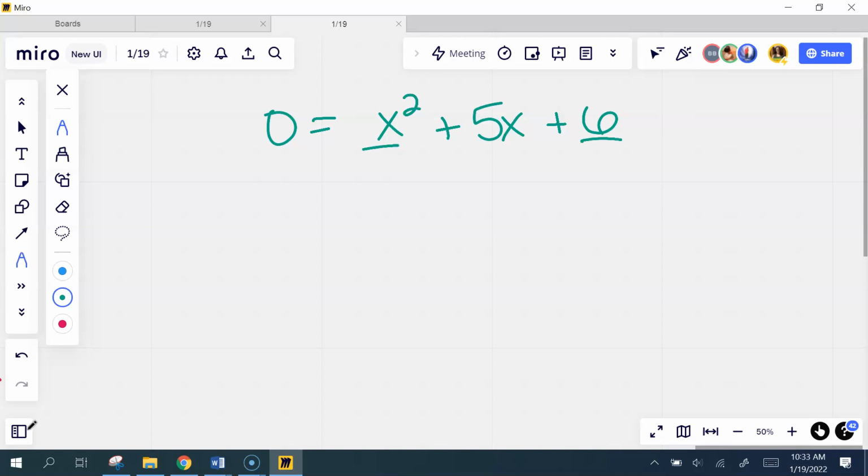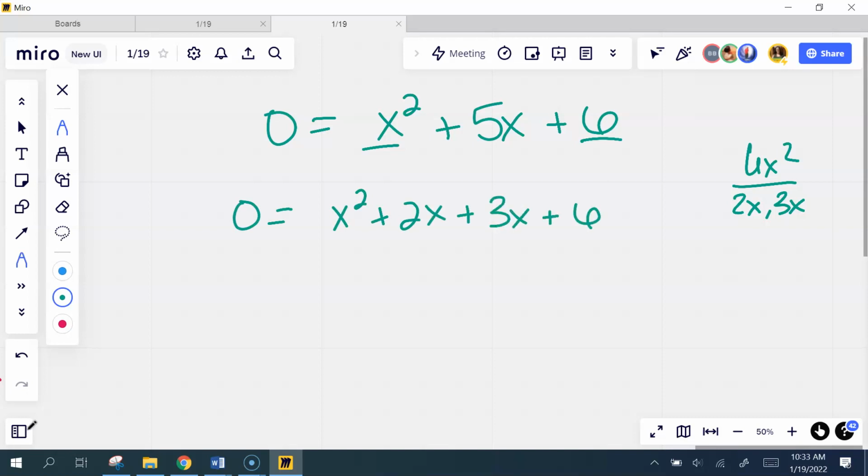What multiplies to 6x squared but adds to 5x? 2 and 3. So I got 2x and 3x. So now my equation, and I know I'm running through this quickly. 3x, 6. I'm going to slash it. What's my GCF here?